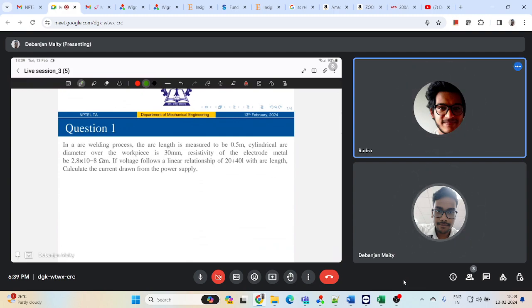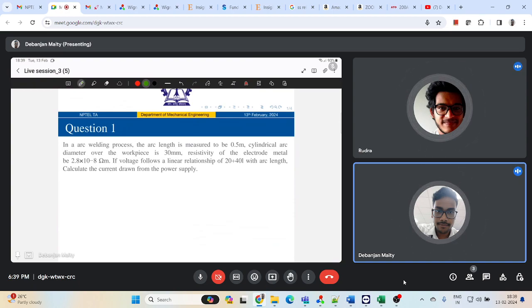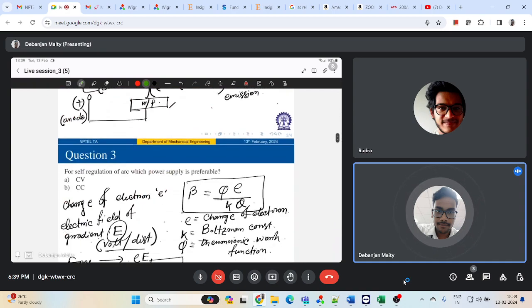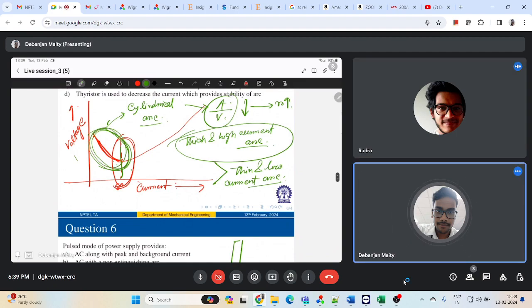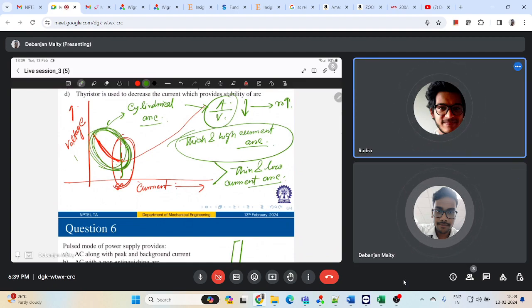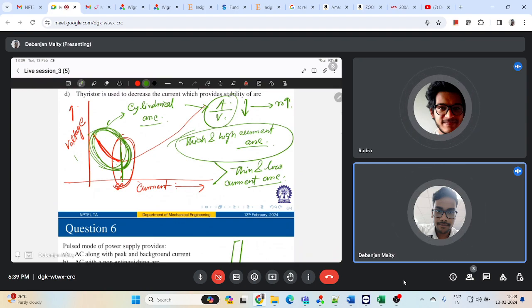So initially it should be a thick and high current, where you will lose less heat. Till this region, the thick current will be preferable, and after this, you'll work with the thin current, because at that point the arc will no longer be cylindrical in nature. It will bulge out, and your resistance will increase.